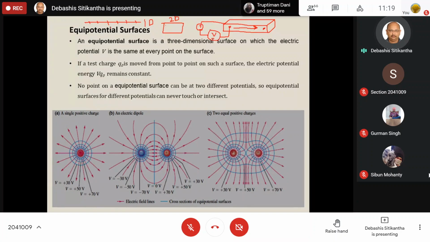If a test charge Q0 is moved from point A to B, the electric potential energy VQ0 remains constant.